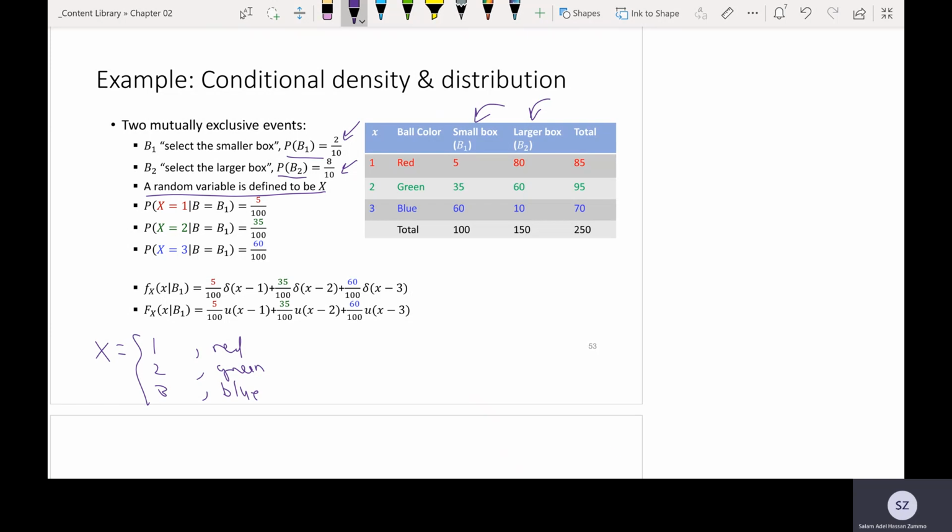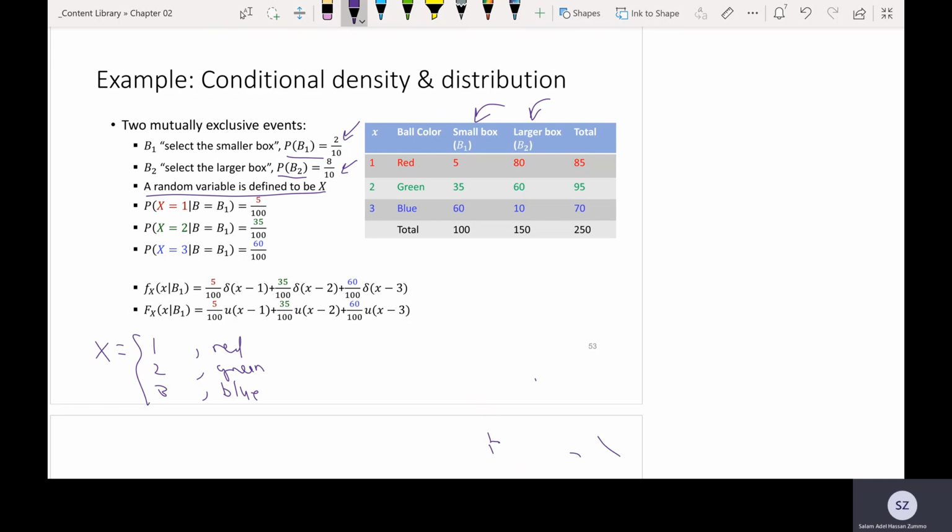Because of that, the PDF looks like impulses. Impulse at 1, another impulse at 2, another impulse at 3, right? Similarly, the CDF looks like a series of step functions: 1 at 1, another step added at 2, a third step added at 3.